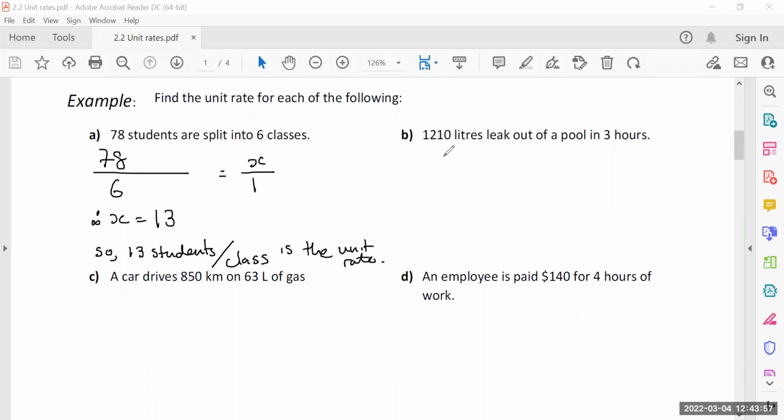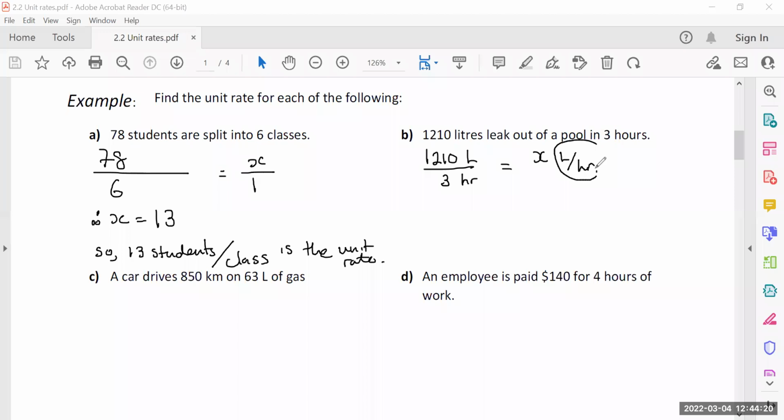1,210 liters leaked out of a pool in 3 hours. So we have 1,210 liters every 3 hours. What is that in terms of liters per hour? Of course, that's a 1, but I think you start to see why people don't write the 1, because is there really a point?